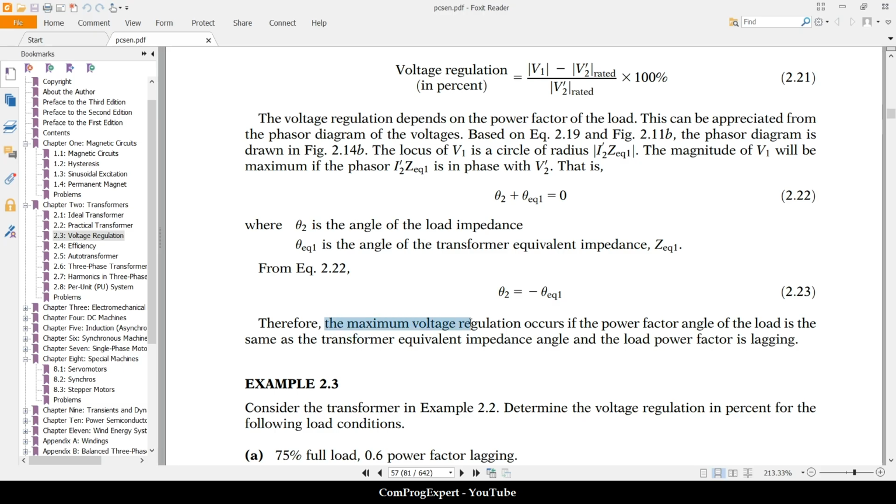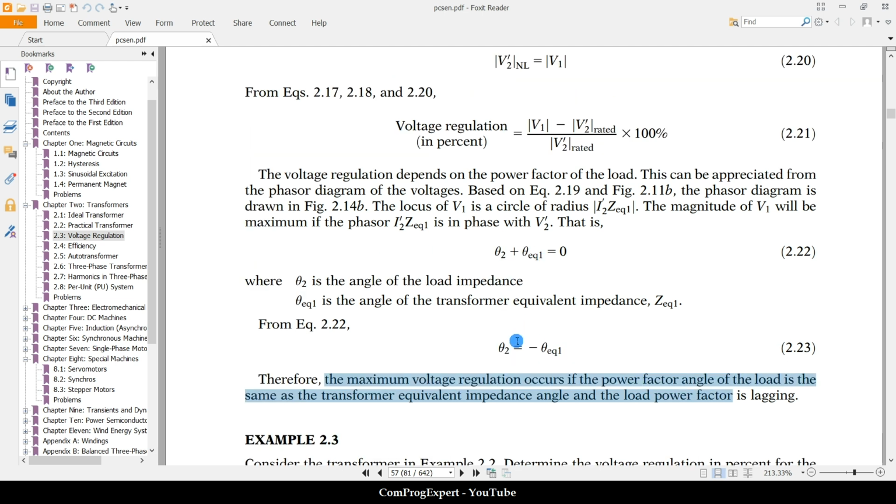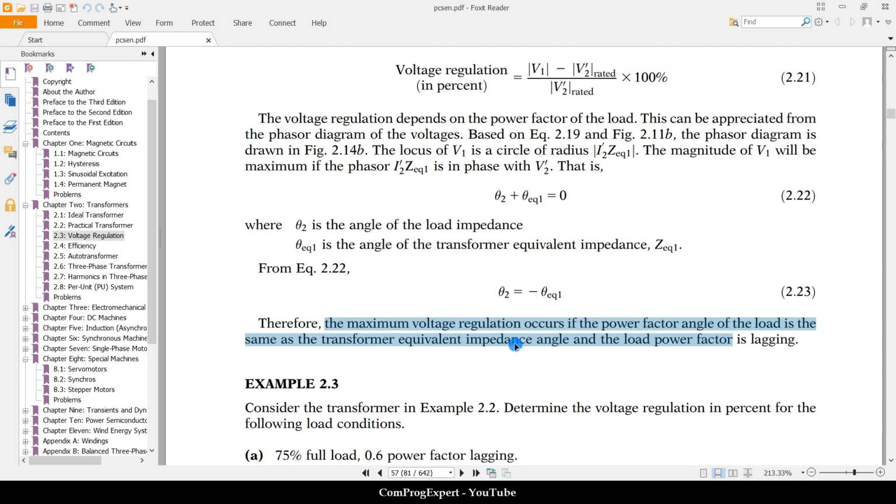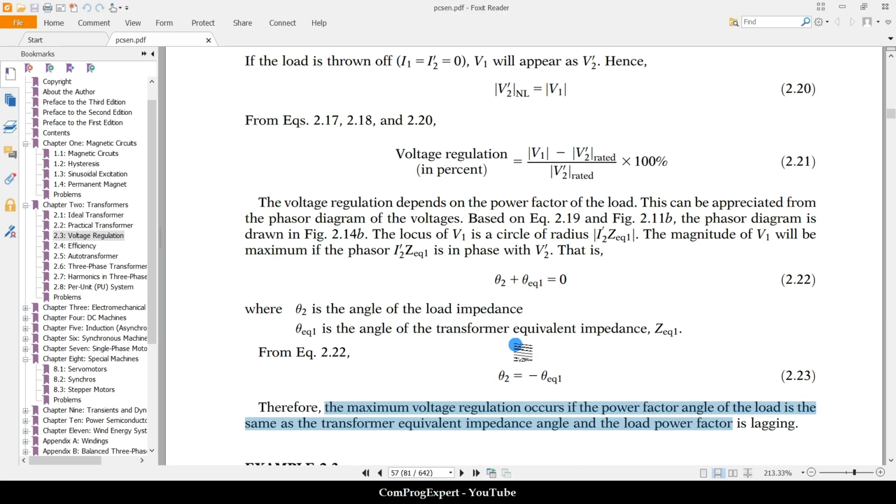The maximum voltage regulation occurs if the power factor angle of the load is the same as the transformer equivalent impedance angle and the load power factor is lagging, right? So this is important, and this is the condition for getting the maximum voltage regulation.